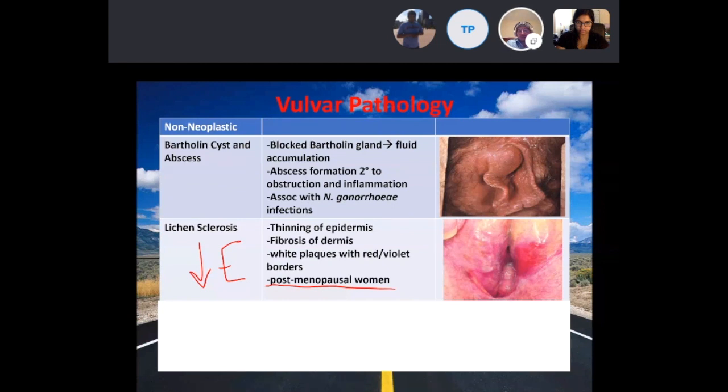So if there is any kind of quote-unquote trauma, which could be either intercourse or it could just be wearing underwear that is constantly pressing up against and rubbing as they walk, it could cause this kind of presentation. So it's normally going to be an older patient. And the treatment for this is topical steroids, clobetasol.